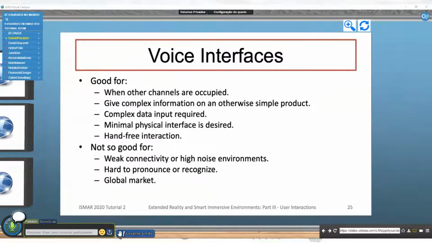It also allows us to provide complex information, but processing that data is challenging because the microphone needs to get the input, process it, and transfer it into the corresponding command.